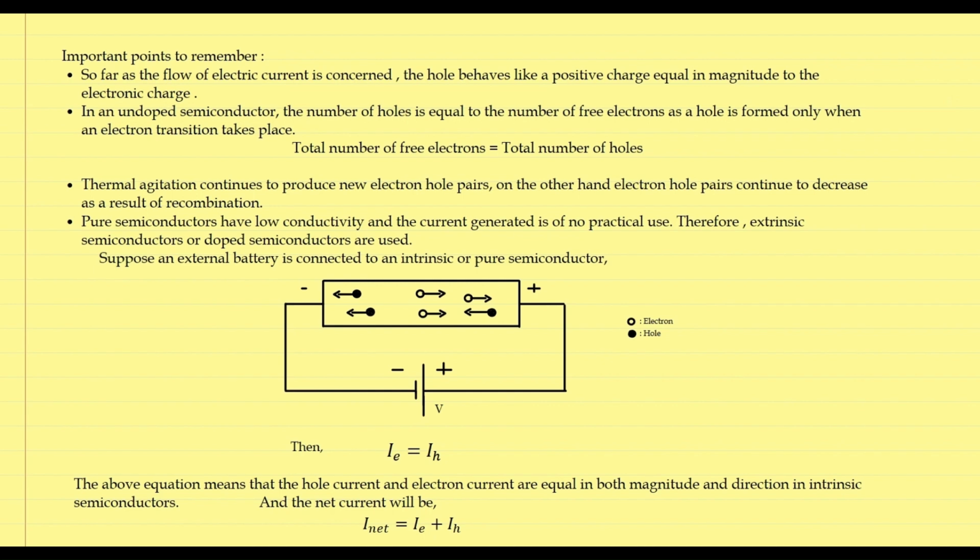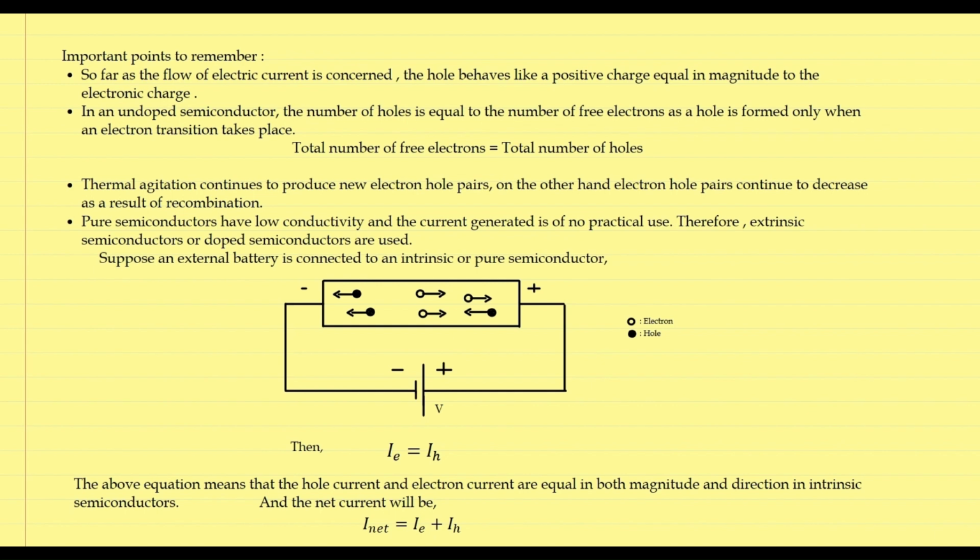In an undoped or pure semiconductor, the number of holes is equal to the number of free electrons, as a hole is formed only when an electron transition takes place. Thermal agitation continues to produce new electron-hole pairs.